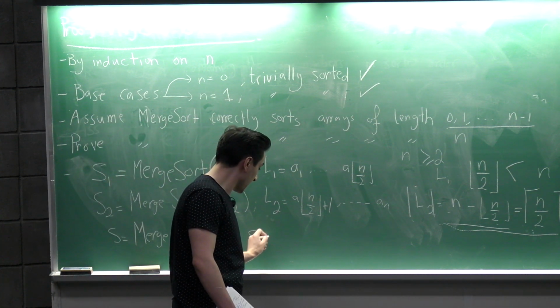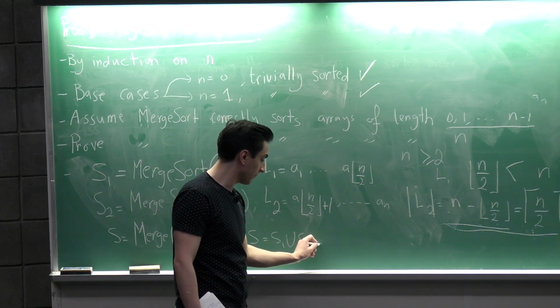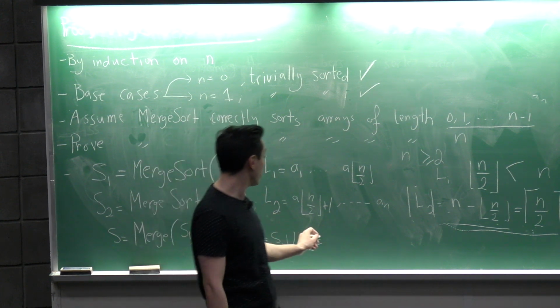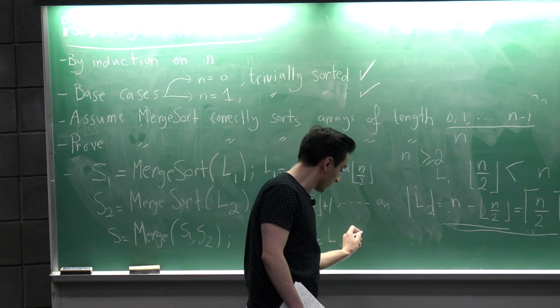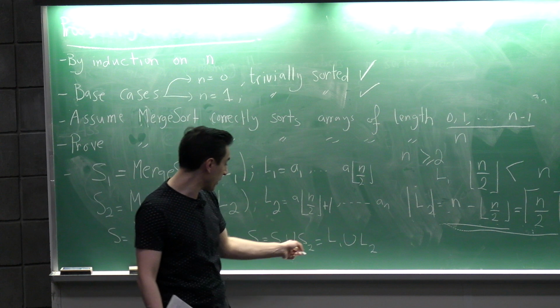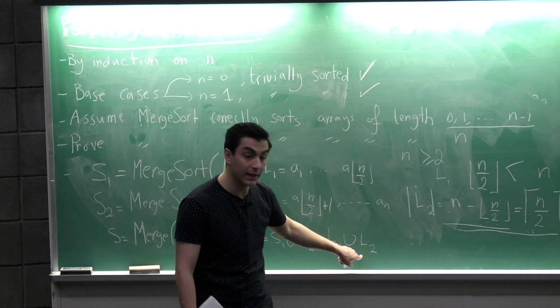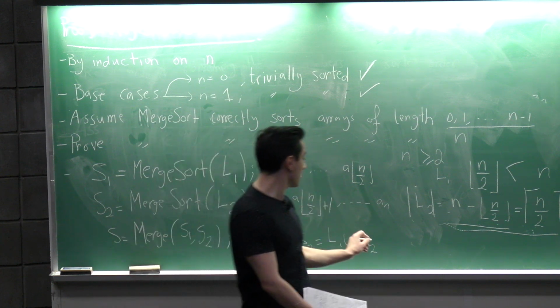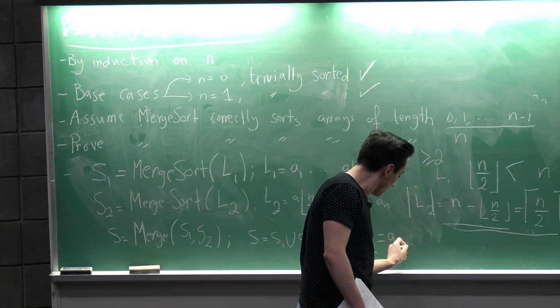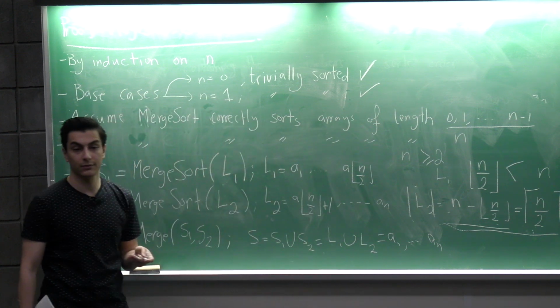This list is the union of S1 and S2, right? Which is the same as the union of L1 and L2. We're talking here sets, so there is no order, right? So all the elements of S1 union S2 are the same as the elements of L1 union L2, right? Which is A1 all the way to An, which is correct.